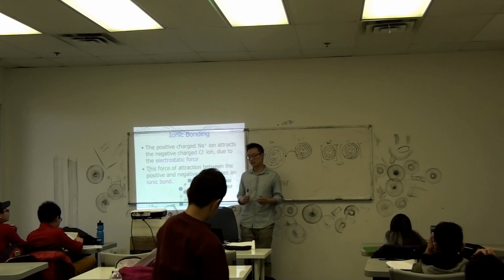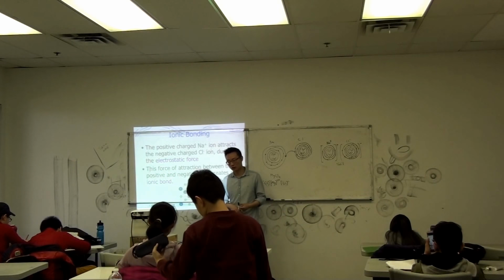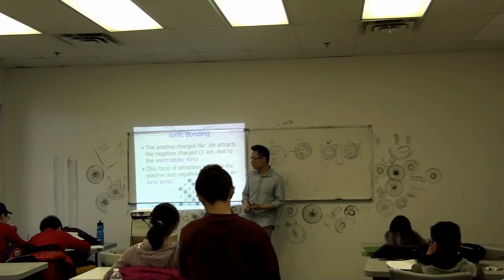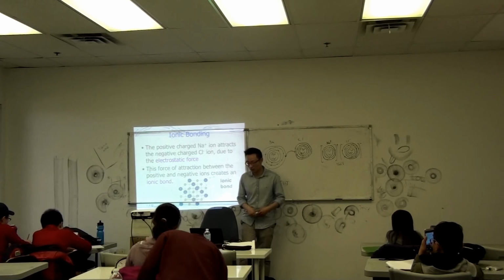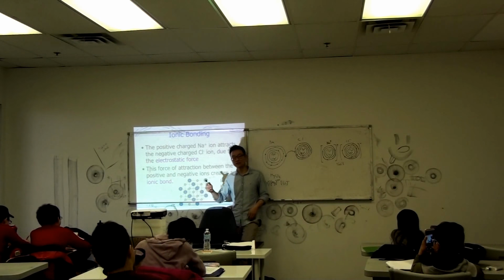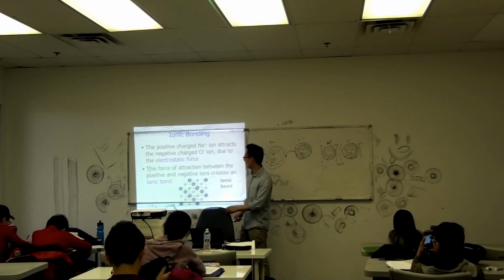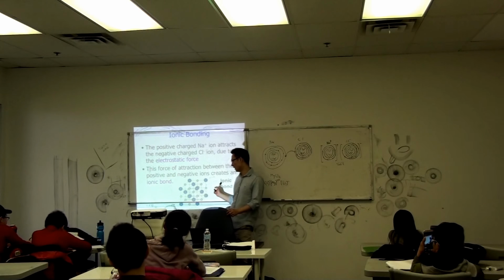It involves two charges, one negative and another positive. The charge difference creates a force, and that force is an attractive force. And it creates this bond called ionic bond.